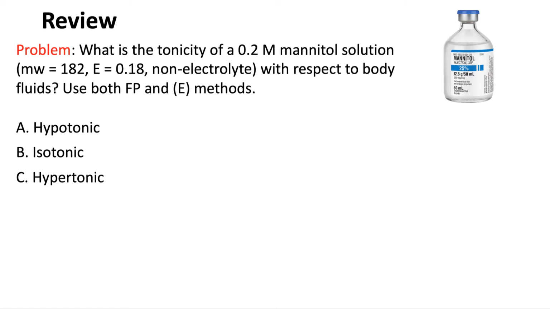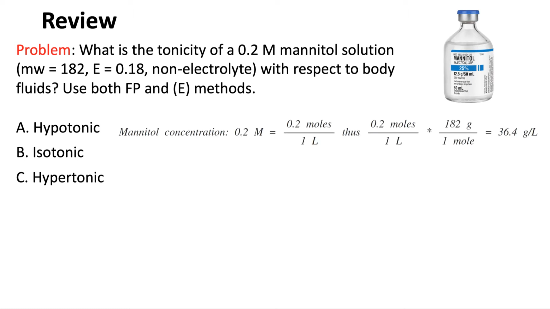Before we split into the freezing point depression or the sodium chloride equivalent, let's convert our units of the 0.2 molar to something we can use within our formulas. So our first step would be to convert the 0.2 molar of mannitol and re-express that as 0.2 moles per liter, since that's what molar is.